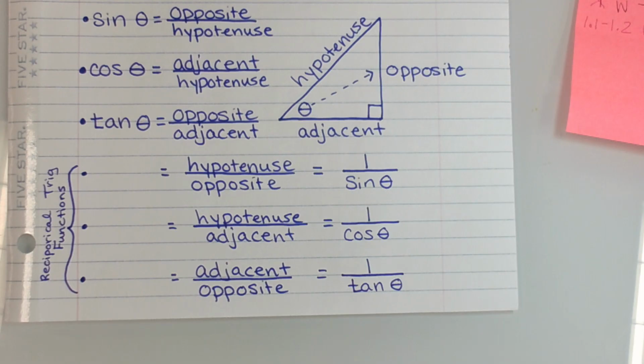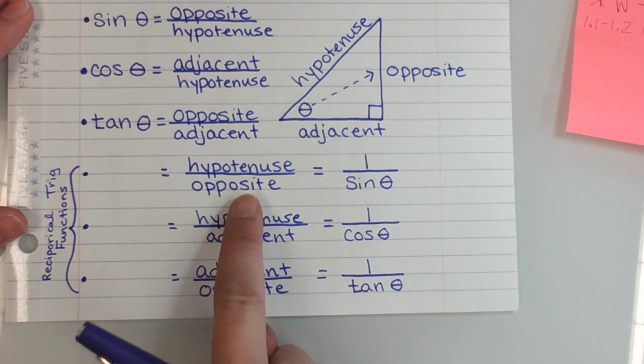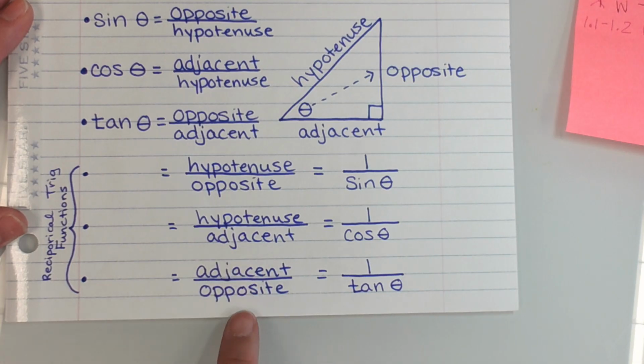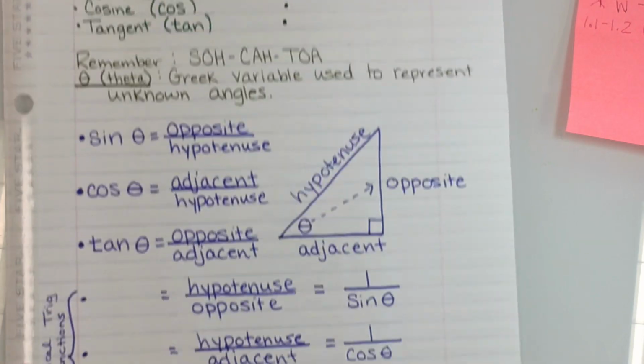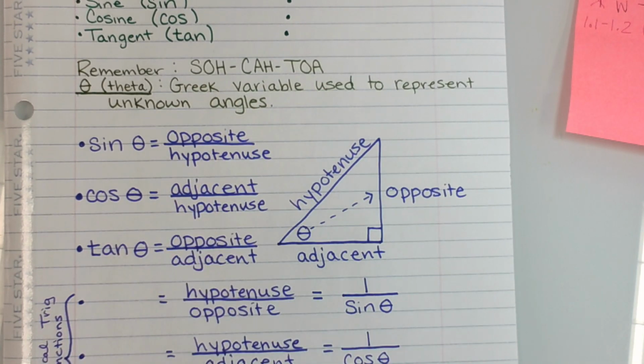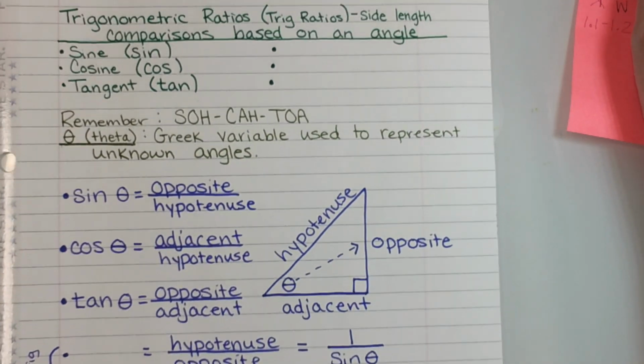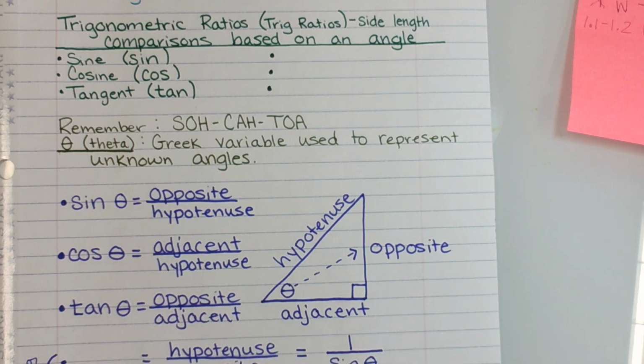Now, I emphasize this fact: 1 over sine, 1 over cosine, 1 over tangent. I emphasize the reciprocals, what something is the reciprocal of, a lot more than hypotenuse over opposite, hypotenuse over adjacent, and adjacent over opposite. Because it's a heck of a lot easier to know your SOHCAHTOAs and then flip them. But let's get back to what these three are named.